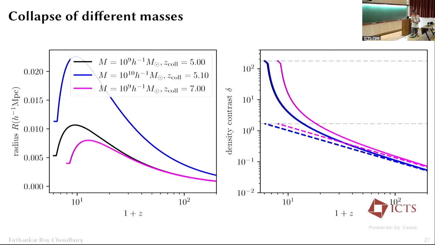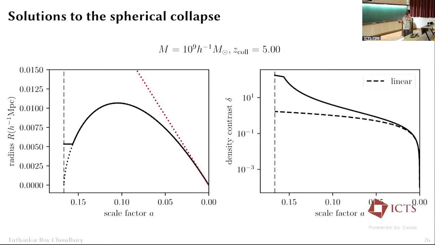Then you can go ahead and do various things. In this case, I had chosen the initial condition such that the spherical region had a mass of 10^8 h^-1 solar masses. So it's a reasonably big halo. And I had chosen the initial conditions such that this collapse, or this virialization, occurs at redshift 5.